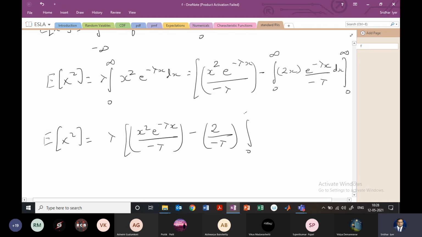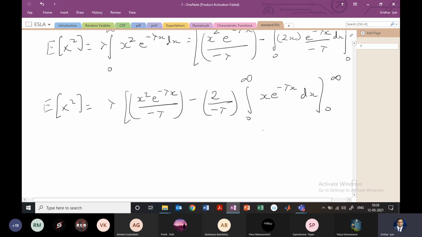We'll have integral 0 to infinity x e raised to minus lambda x dx, and this will go from 0 to infinity. Now this x e raised to minus lambda x integral we had found in the previous case when we were finding the mean. We had to apply the uv rule, so you're applying two uv rules there, right? That answer, this part here which we had found previously, we found out that this is the mean value there. So this value is 1 by lambda, right?